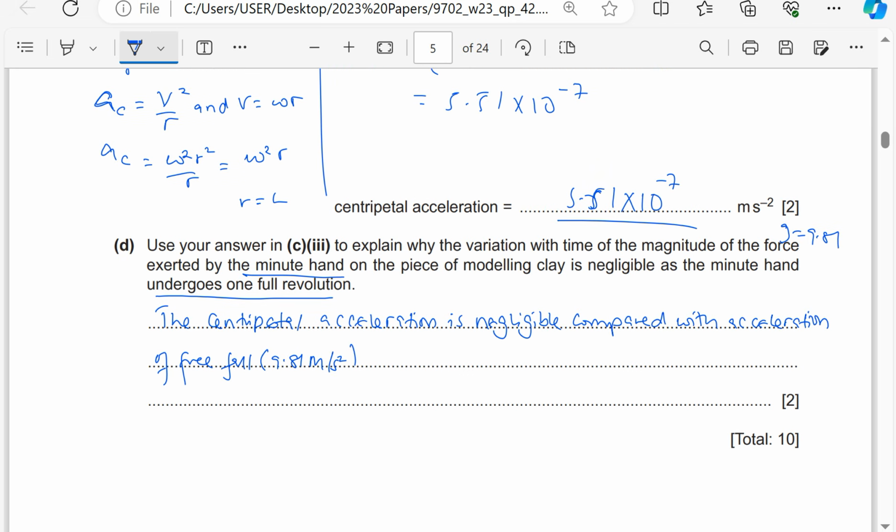And what is the effect? It means the resultant force is going to be negligible compared with the weight of the modeling clay.